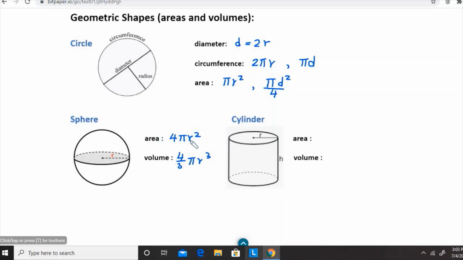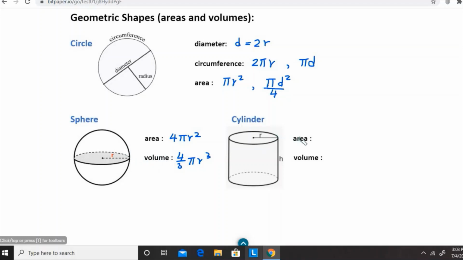So that means it's proportional to radius squared. However, volume, it's three-dimensional. You have a length, a width, and a height, three dimensions. As a result, radius to the power 3 or cubic. So that's an easy way to kind of distinguish areas versus volume.